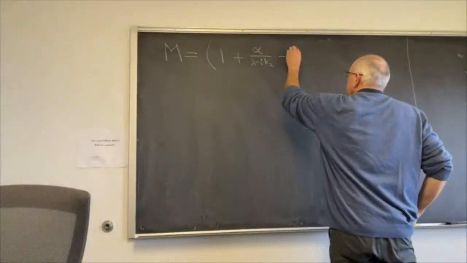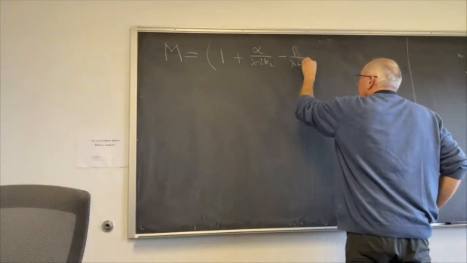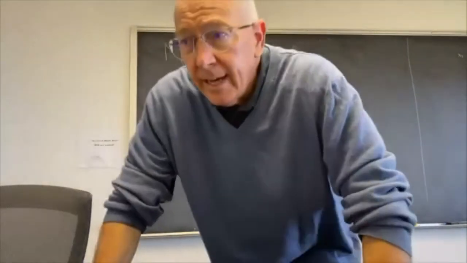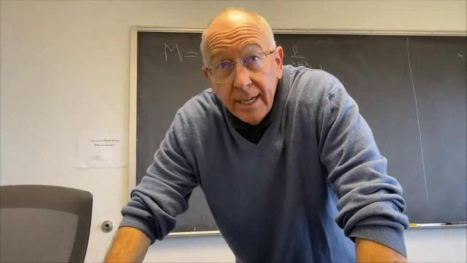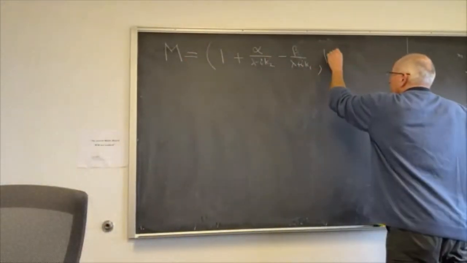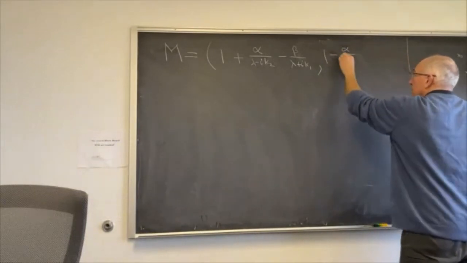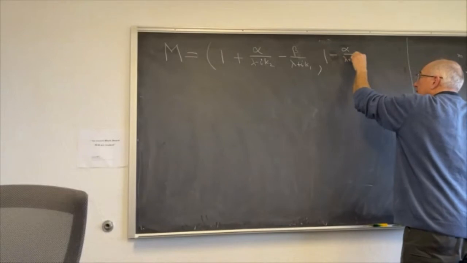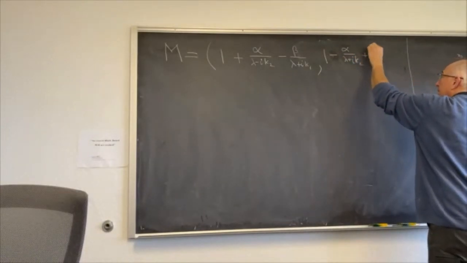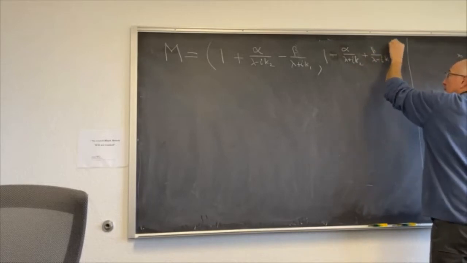So maybe it's minus beta over lambda plus iK1. So that's a guess at the first entry. And alpha and beta are unknowns. And then I go to the second entry. It starts with a 1 because that's the behavior at infinity. And then it's probably minus alpha over lambda plus iK2 and a plus beta over lambda minus iK1.